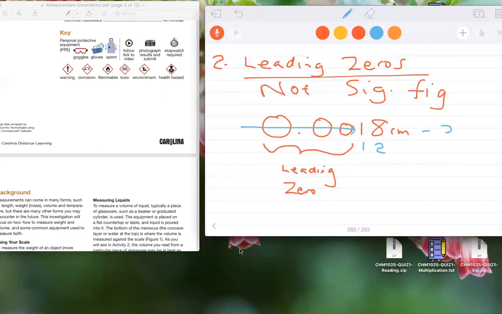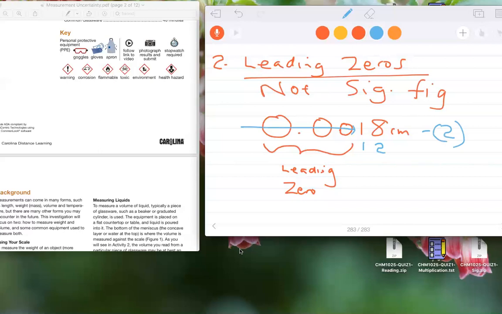This has two significant digits. Look at how I'm canceling out the leading zeros. Leading zeros do not count as significant, so you have to know what leading zeros are.